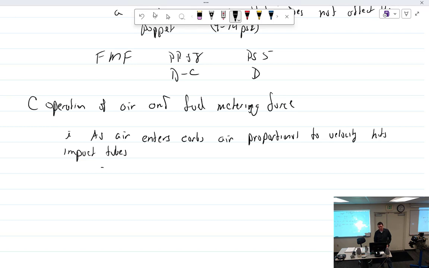This air enters which chamber? Enters A. This higher pressure enters chamber A of the regulating unit.